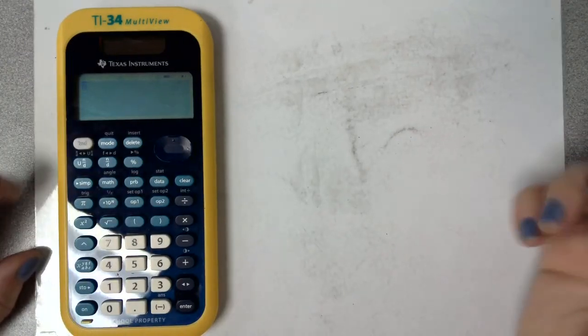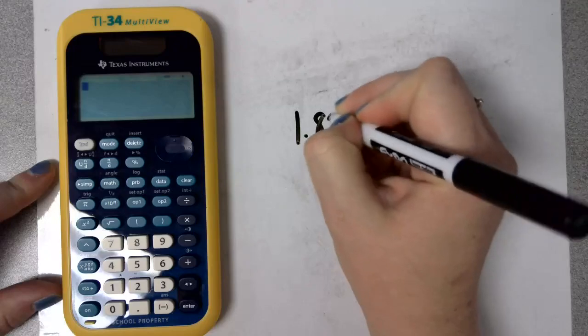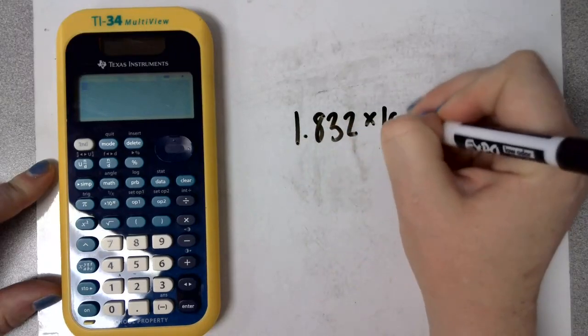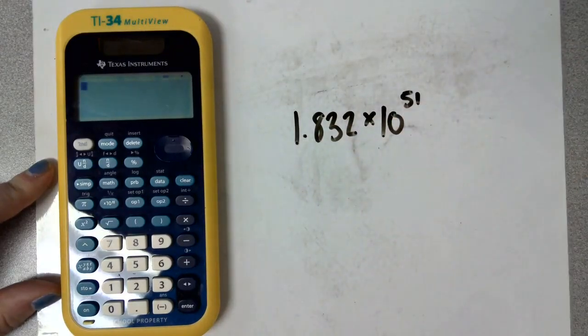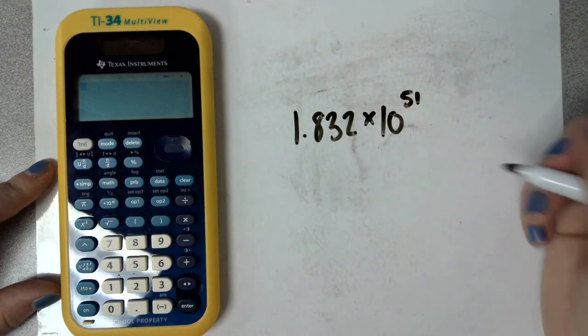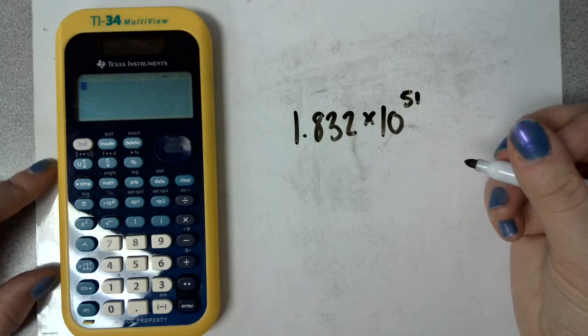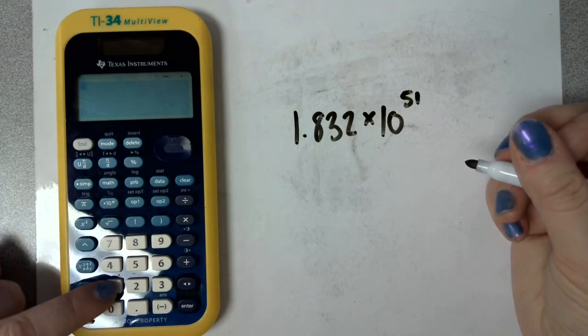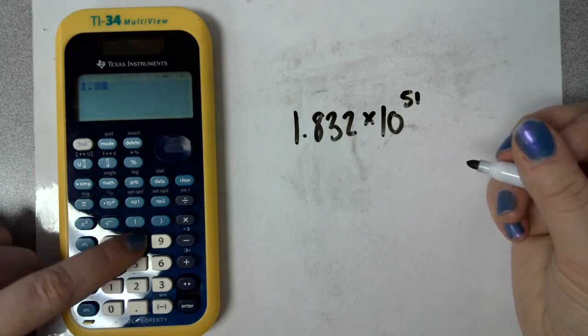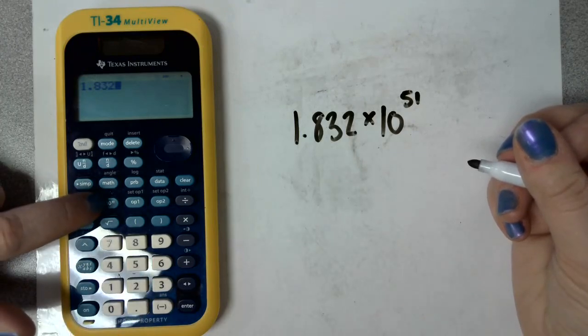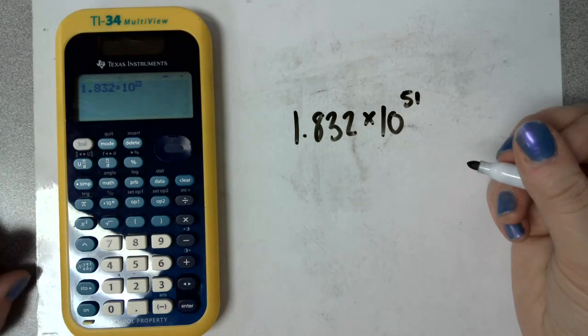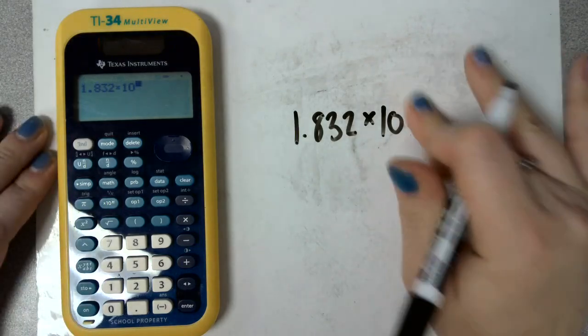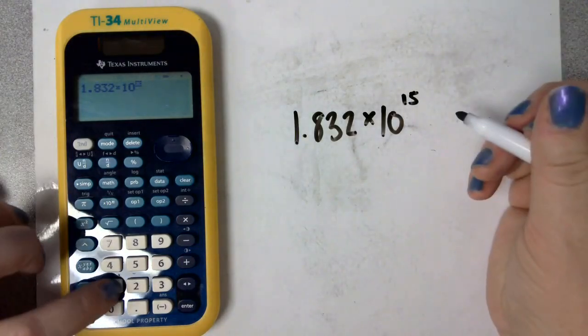Sometimes we're using scientific notation, which is going to look like some number times 10 to some power. Okay, that's a giant power, but we might have something like that. So we would type that in by typing our first number, and then we can type this, times 10 to the power of n. That's our scientific notation button. I'll do 15.